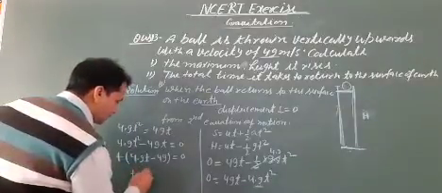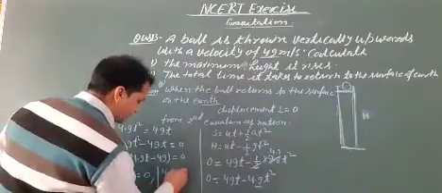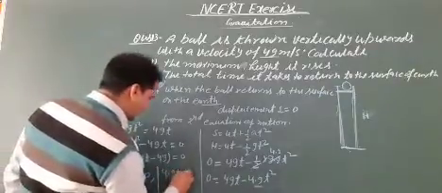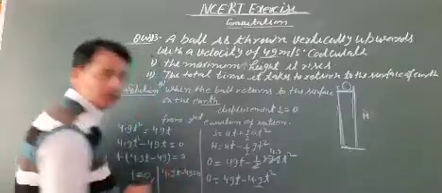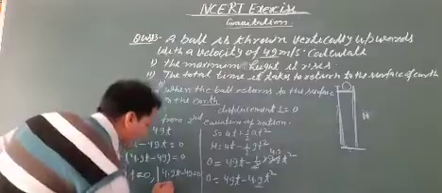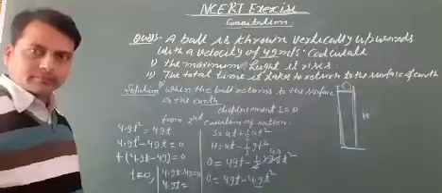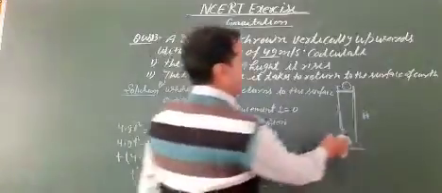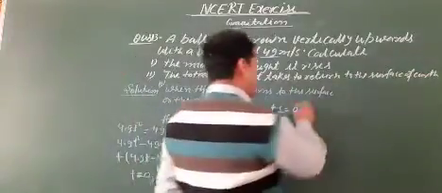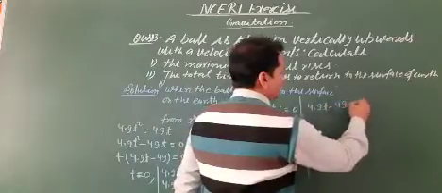Then t equal to 0, and the second term is 4.9t minus 49 equal to 0.